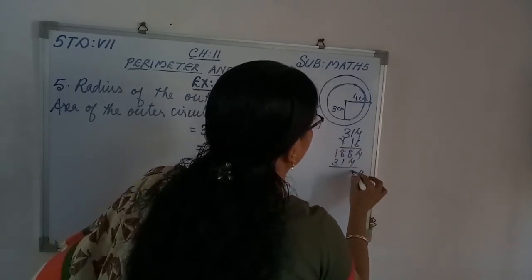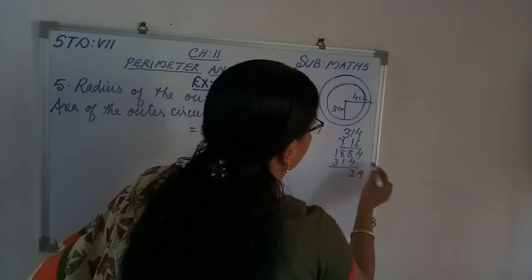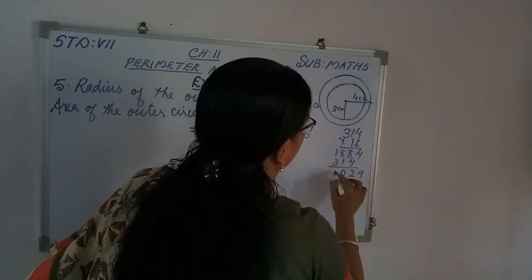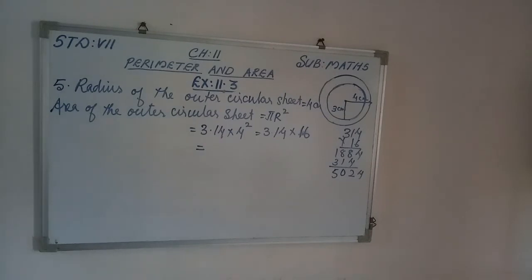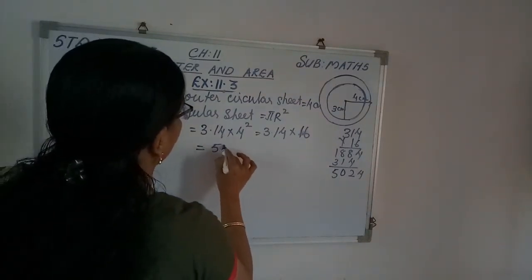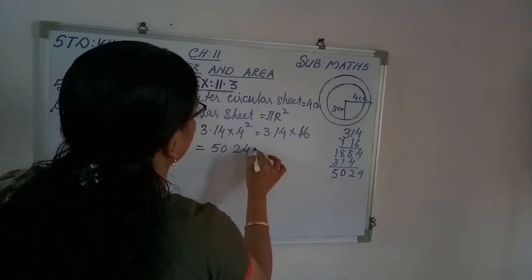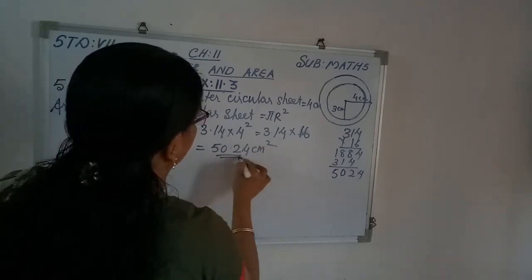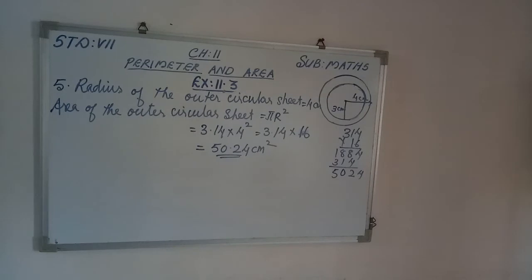So the answer will be, you will get 50.24 centimeter square. Now, next, what to find out? Radius of the inner circular sheet.